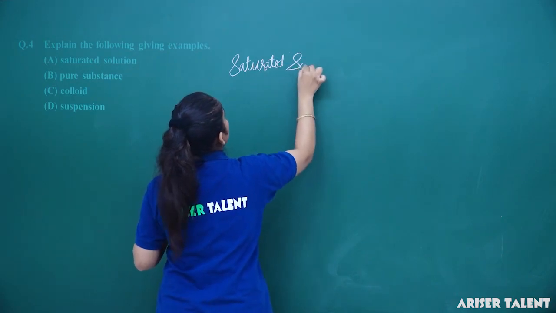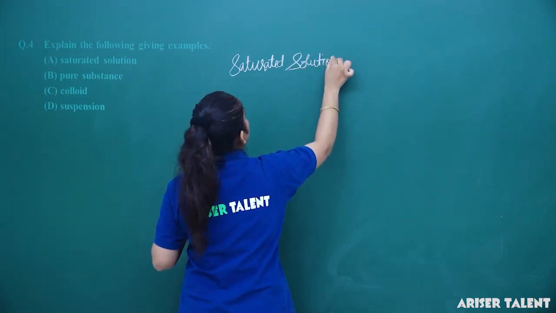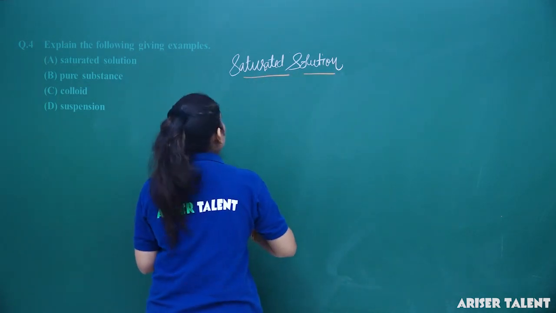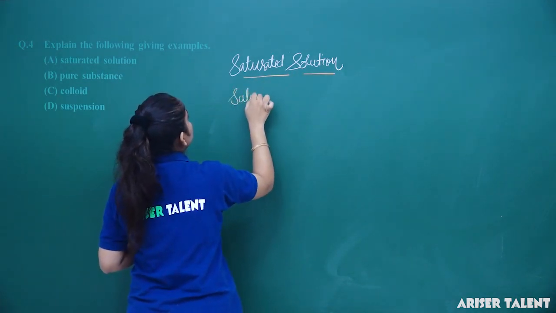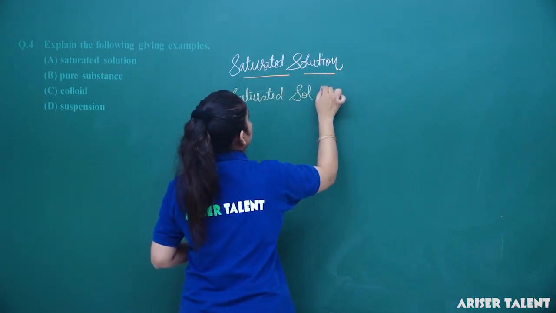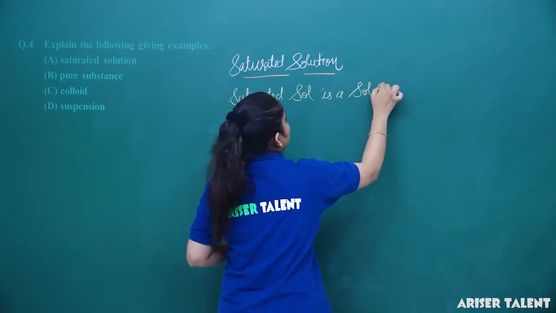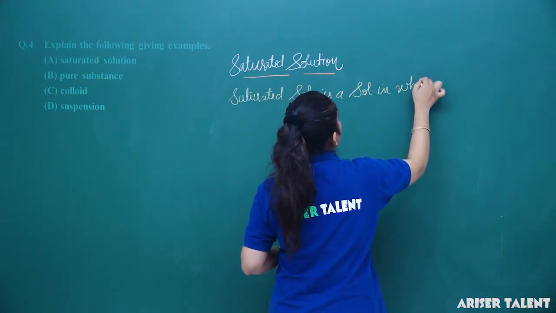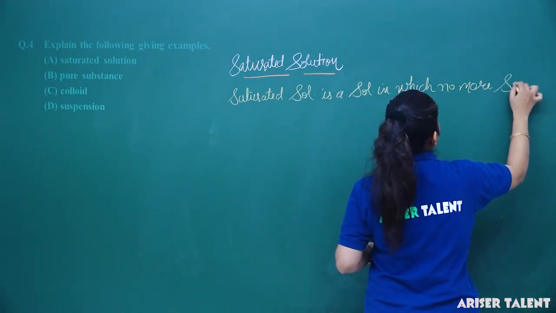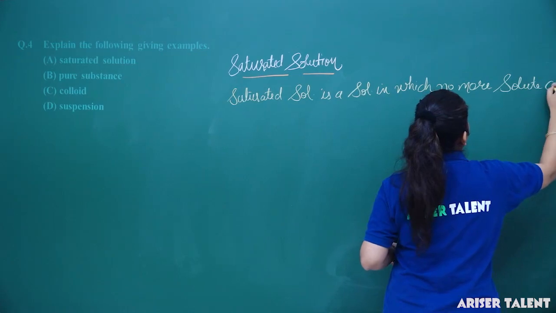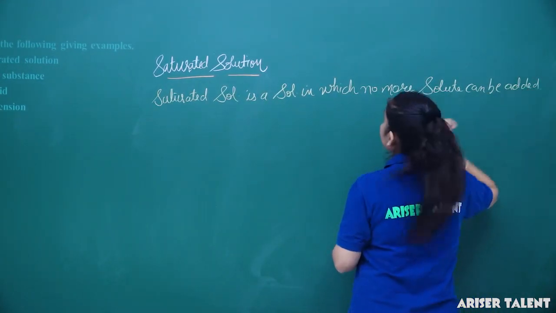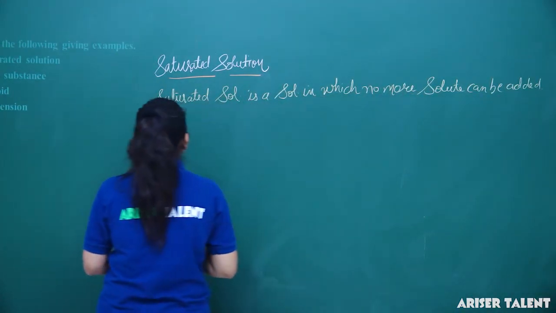So first one is saturated solution. A saturated solution is a solution in which no more solute can be added. An example, you can consider any of the examples here.